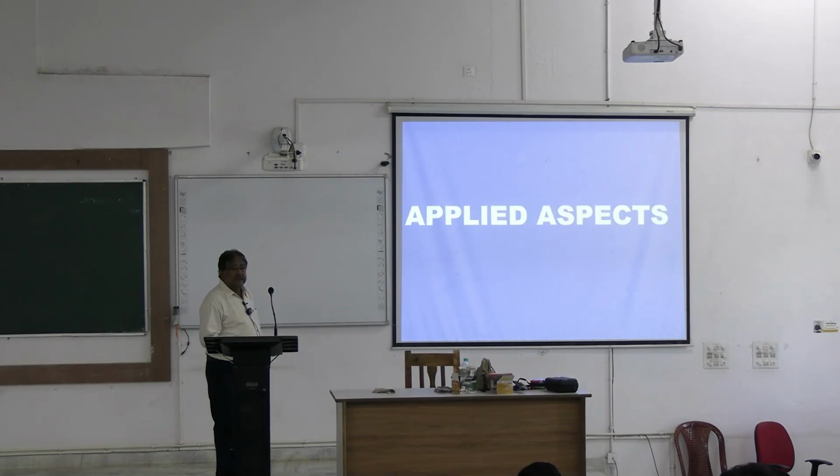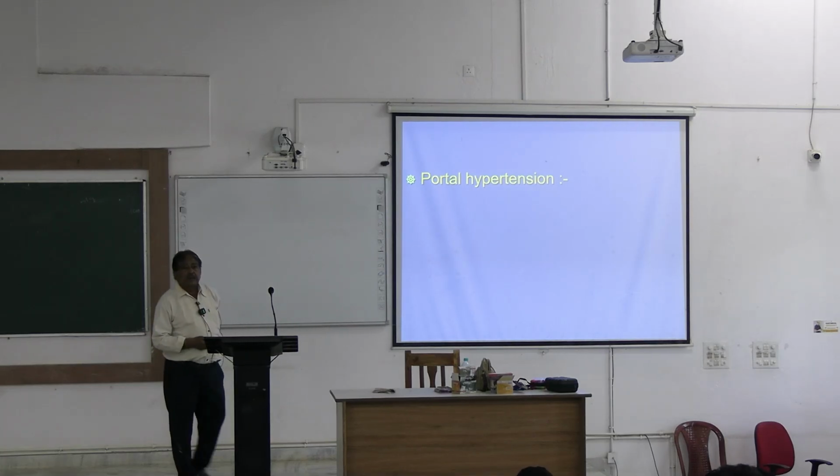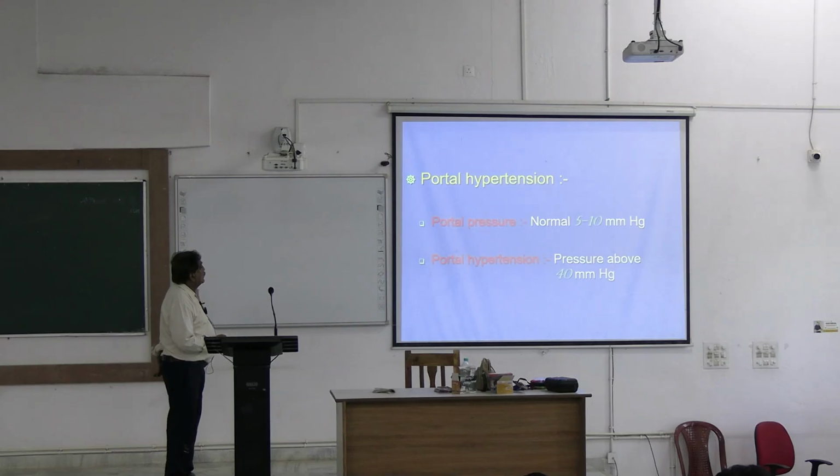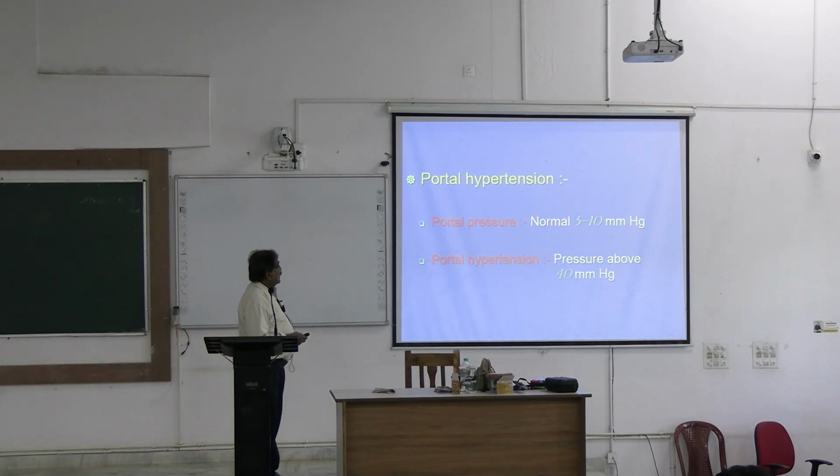Applied aspects. Portal hypertension. Normal portal pressure is 5 to 10 millimeters of mercury, and in portal hypertension the pressure is above 40 millimeters of mercury.